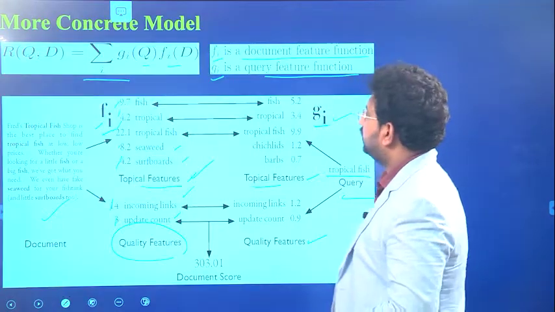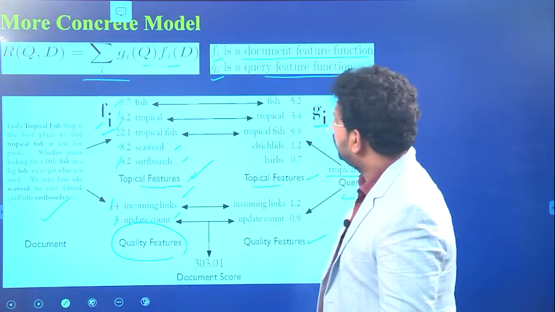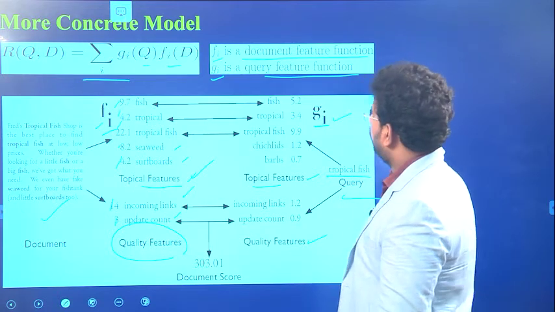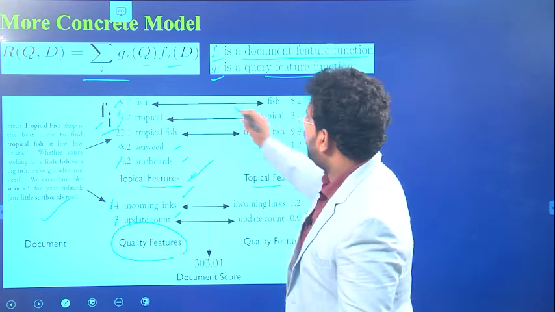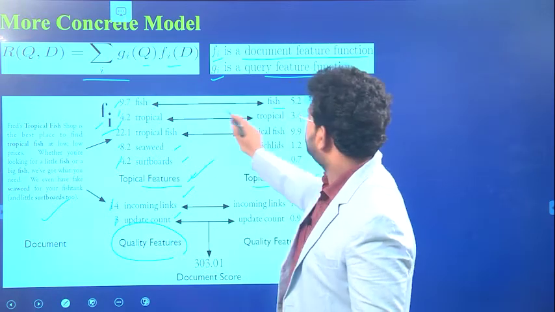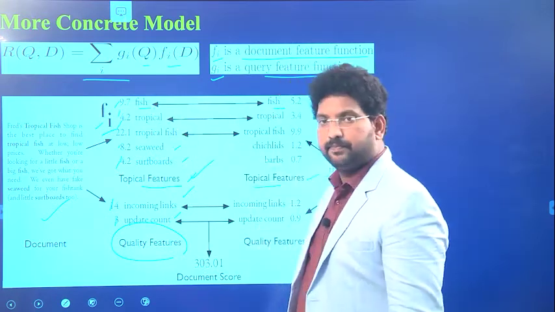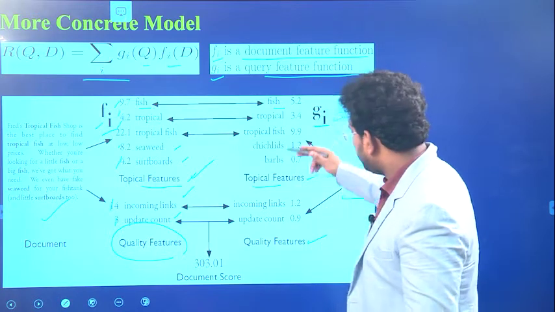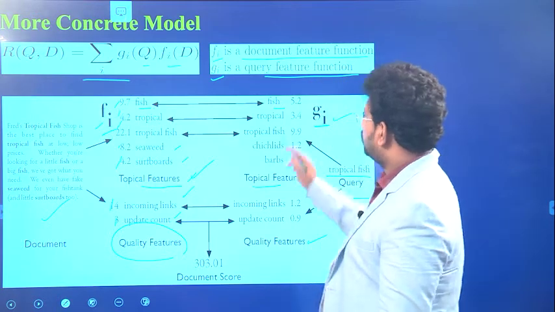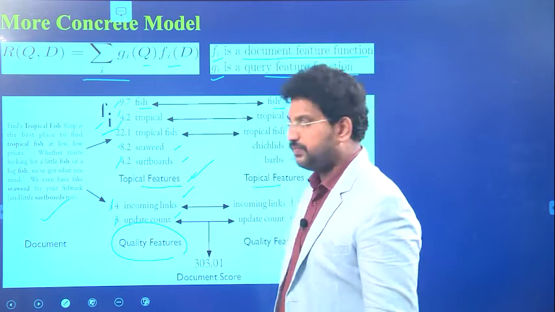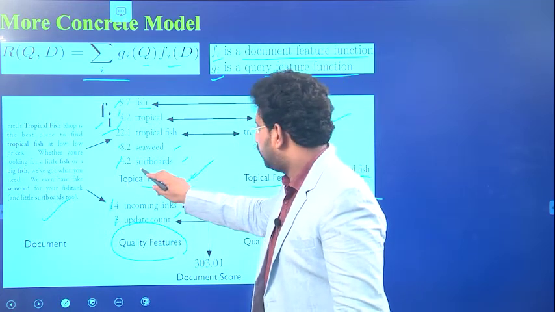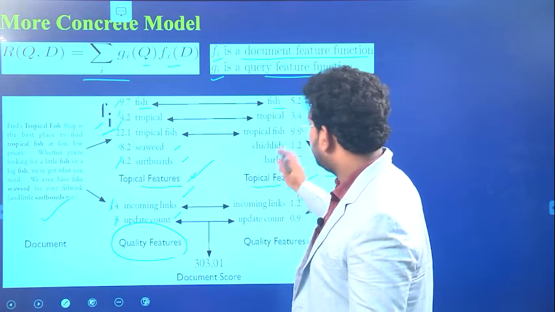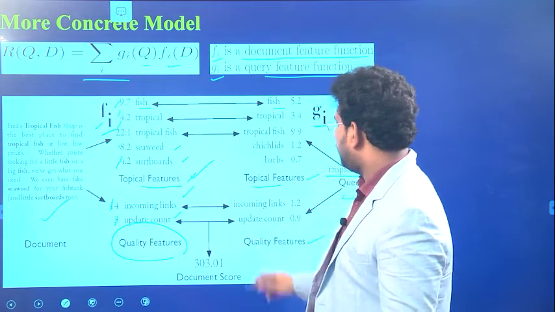If you observe here, this is what I am talking about. For example, here you are going to find the terms gi and fi, and for the terms you are going to multiply, and like that for each and every pair. So tropical and tropical fish, the next word seaweed, surfboards, and you will consider all the words, how many incoming links, updated count.